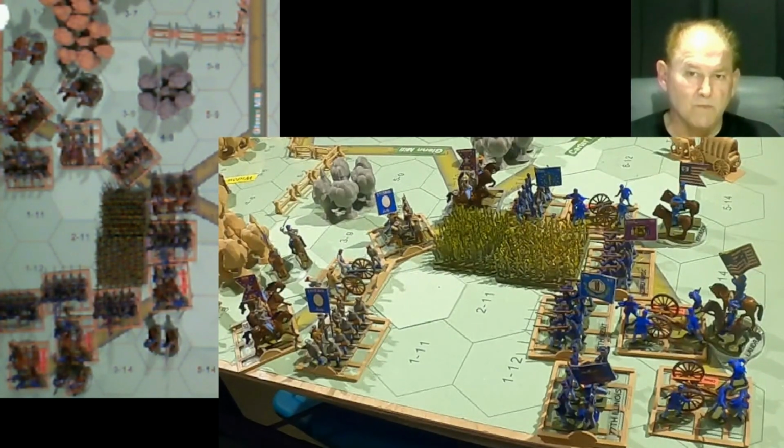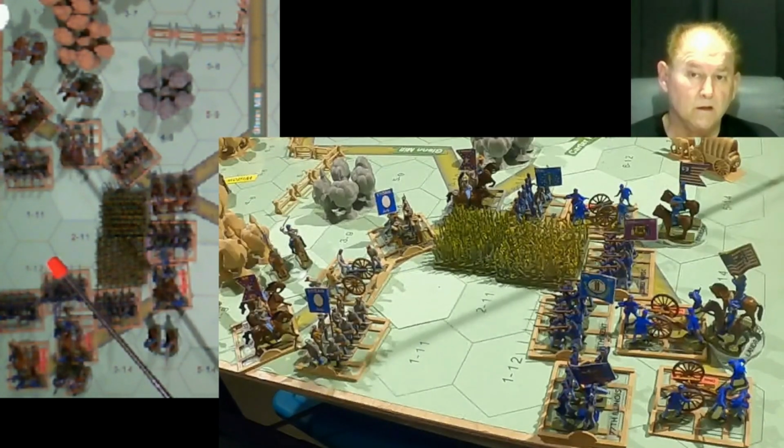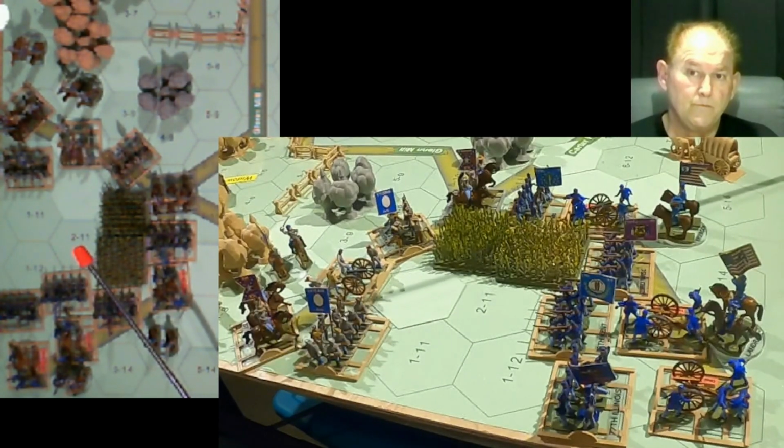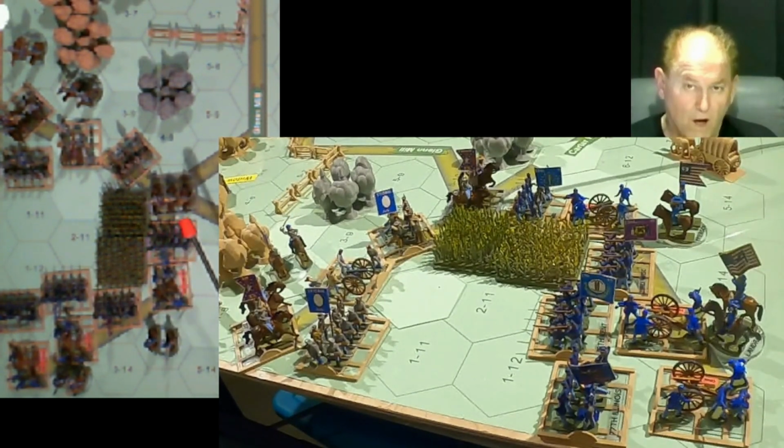So, one might say, when the two units get into contact with each other, you ask yourself, which one of these guys moved the most, right? And the infantry and the cavalry in this situation, basically, the infantry moved more than the cavalry. Why?